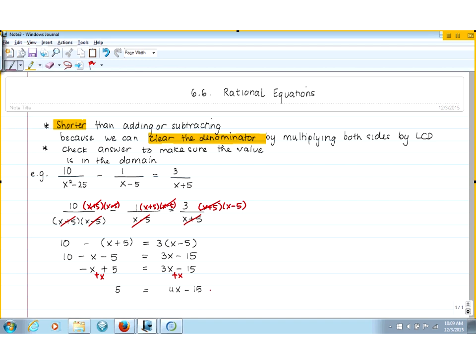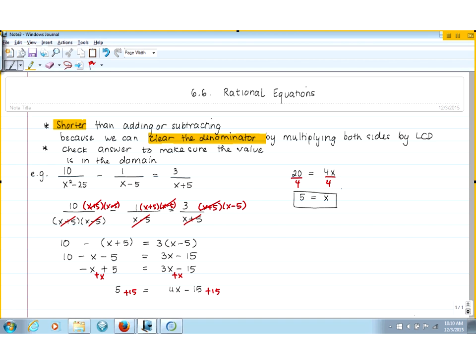Then you add 15 to both sides. So what do we have? 20 is equal to 4x. Then divide both sides by 4. So x is equal to 5.